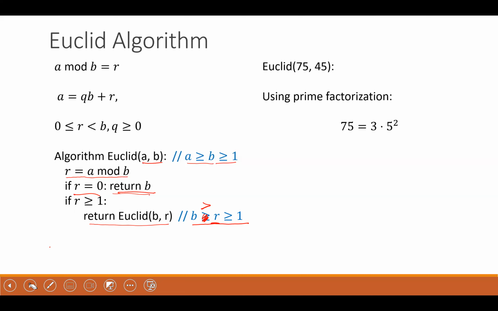I can, of course, do the prime factorization of 75 and 45. 75 equals 3 times 5 squared. 45 equals 3 squared times 5. So the greatest common divisor is, well, they have 3 in common and 5 in common. 3 times 5 is 15.